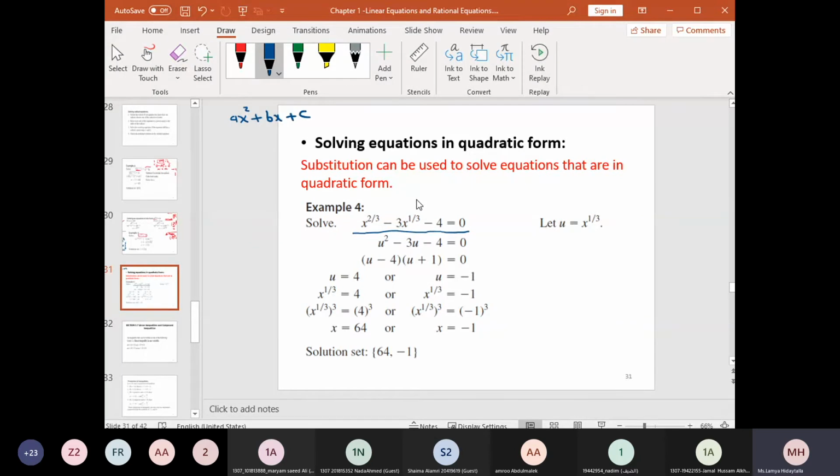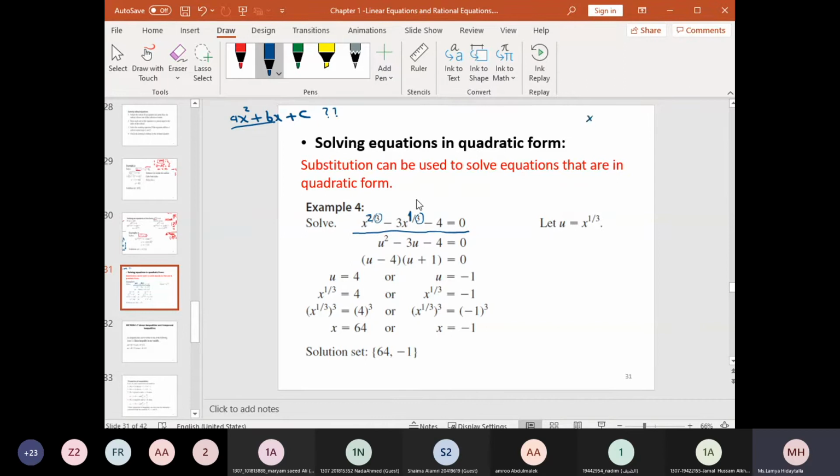But here there are radicals. But what comes to my mind here is the power 2 and here 1.